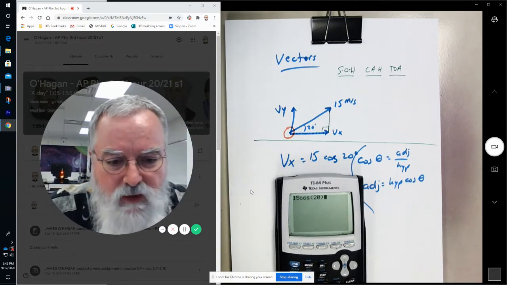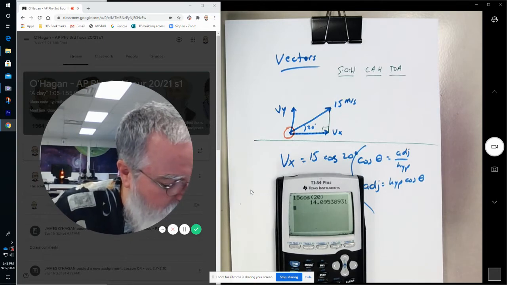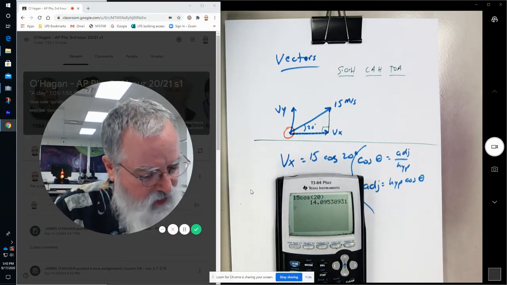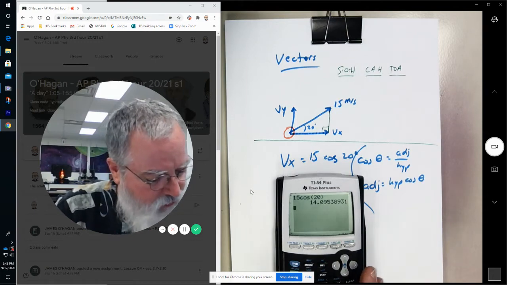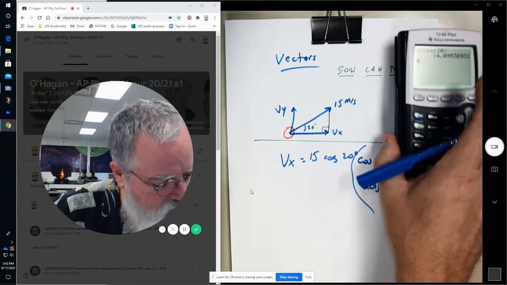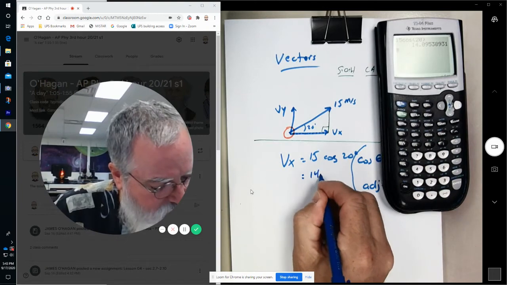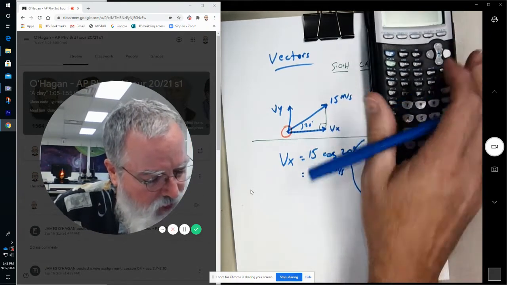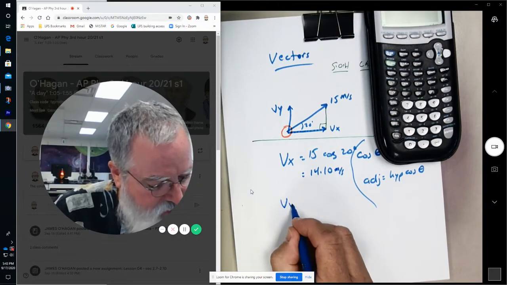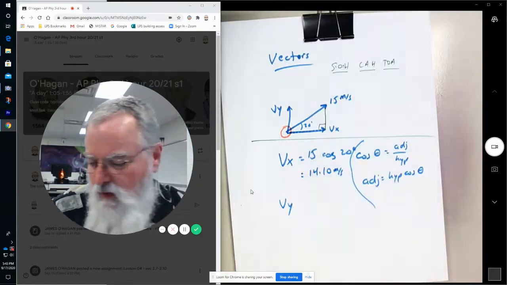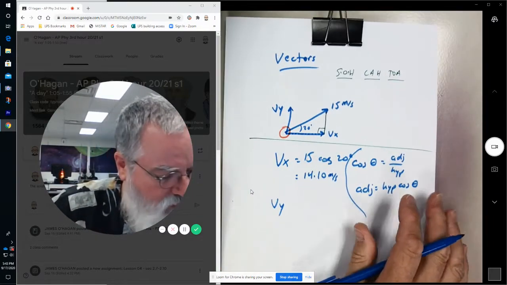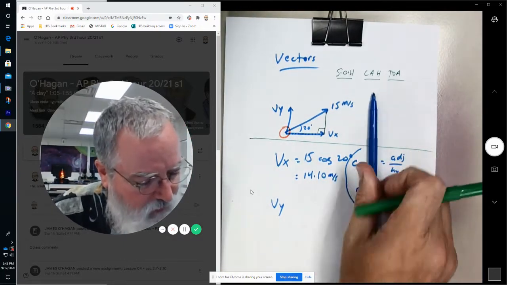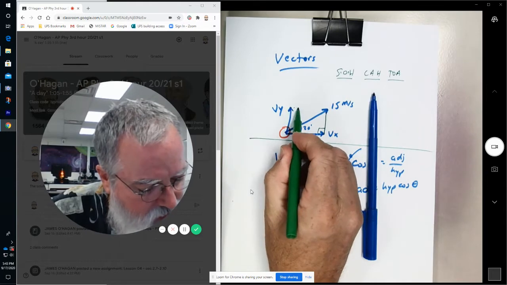Equals 14.095, 14.10 if you round it. So this is 14.10 meters per second. And then what's the velocity in the y? All right, the velocity in the y, oh look, I still see a right triangle. Remember, what we've got here is a rectangle.